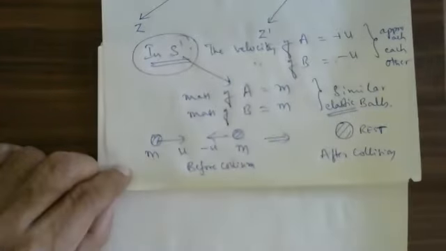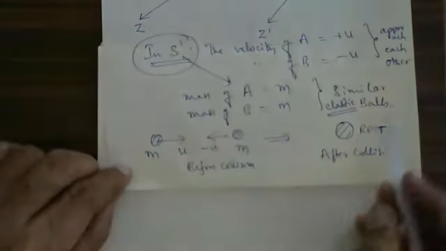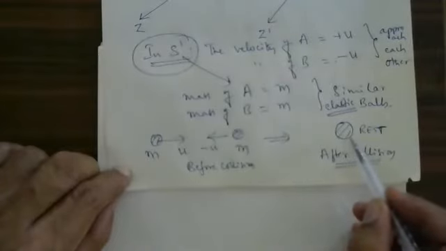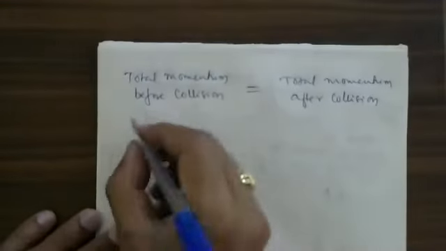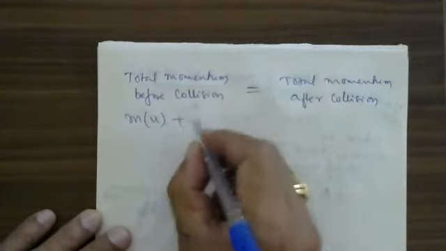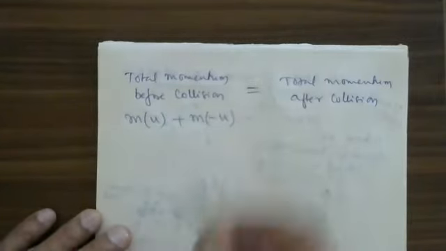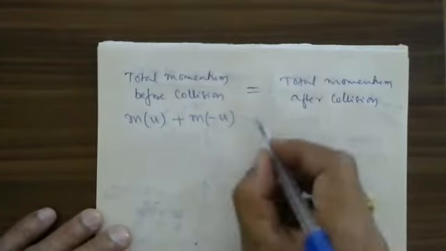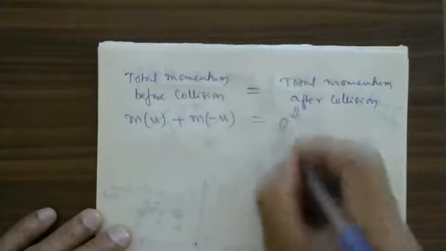Total momentum after collision is equal to the total mass multiplied by the velocity. So this is m into u plus m into minus u. Anyhow, these two get cancelled now. Therefore, you are going to get this value equal to 0.